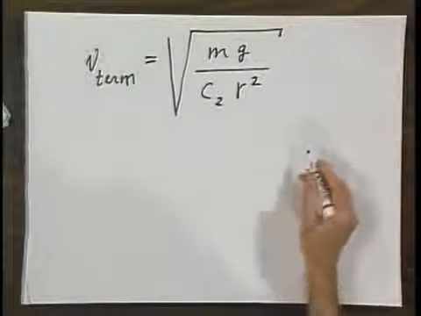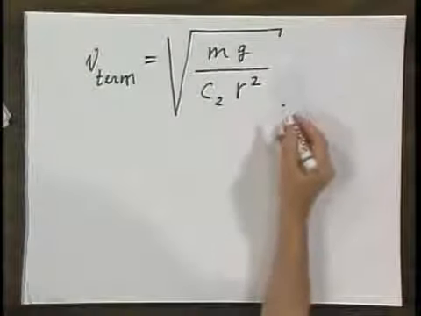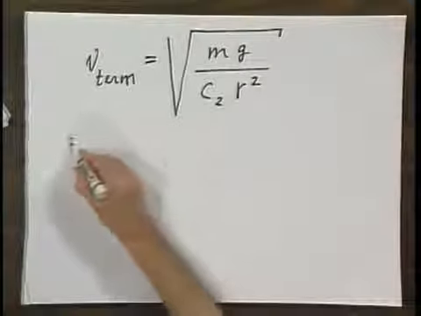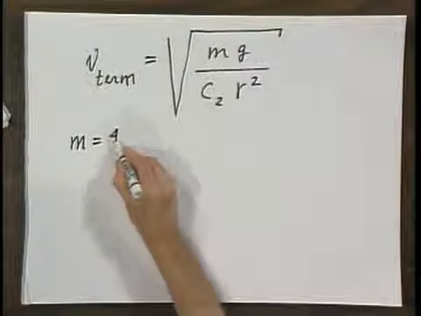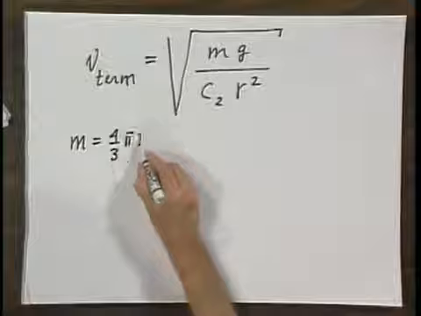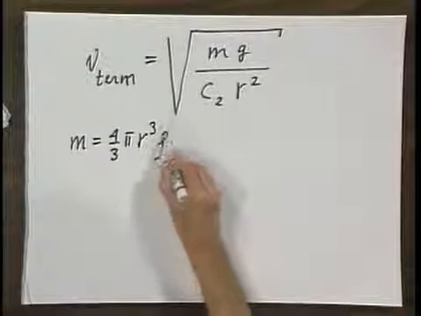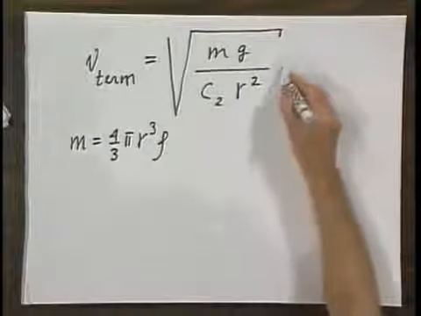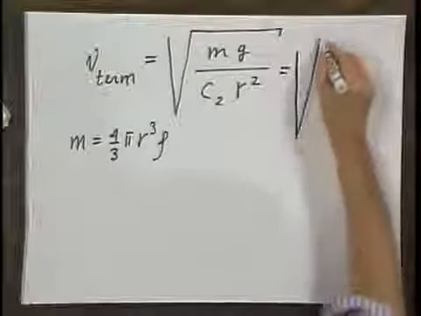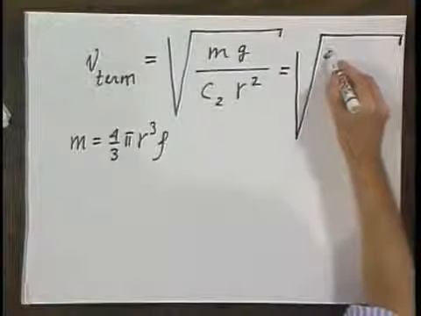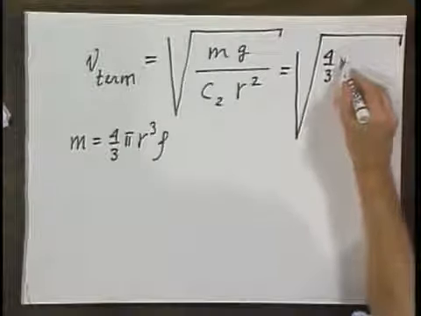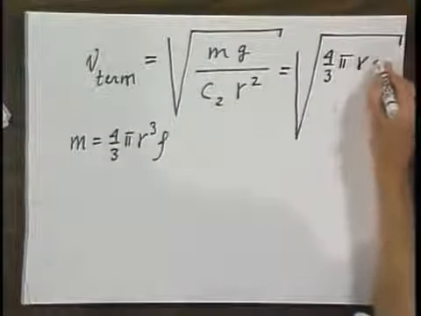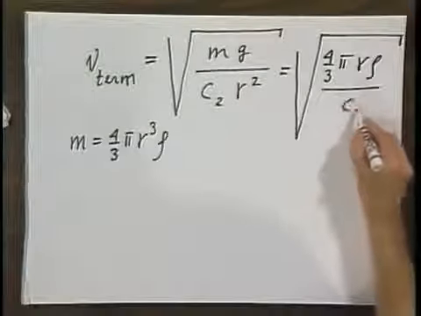Now obviously, if I had a sphere with a uniform mass density, I could replace the mass by 4/3 pi r cubed rho. Rho is the mass density of the sphere. And so I could rewrite this, if that is convenient, as the square root of 4/3 pi r rho divided by c2.